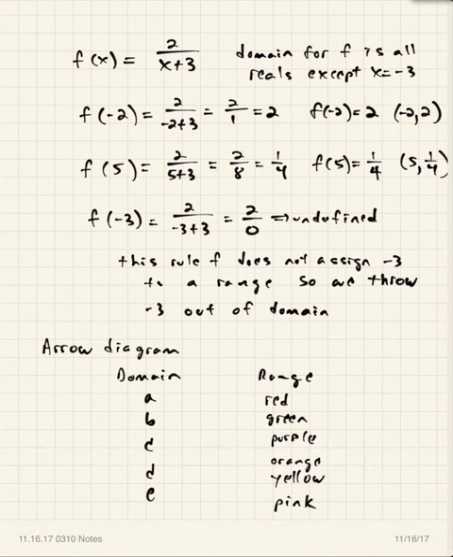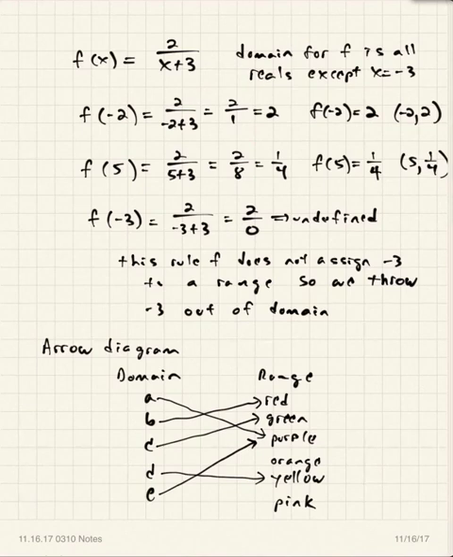And an arrow diagram will look like this: you draw an arrow from the domain value to the range value that it's assigned to. So here, A is assigned to purple, B is assigned to red, C is assigned to green, D is assigned to yellow, and E is assigned to purple.